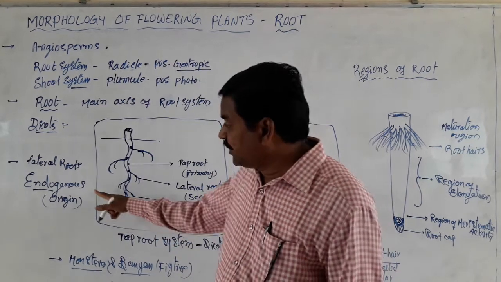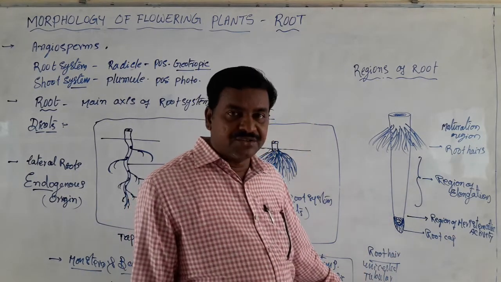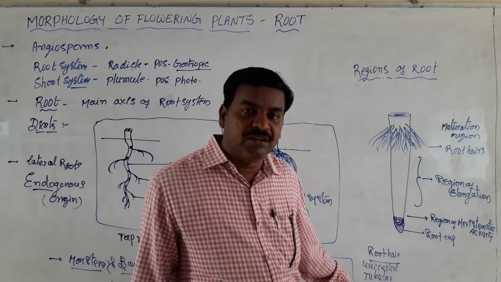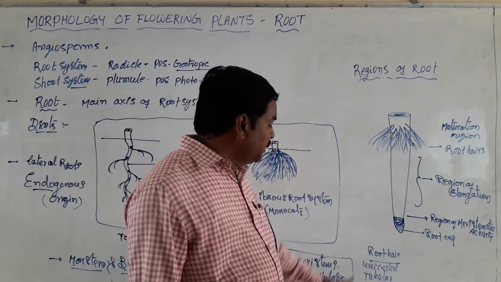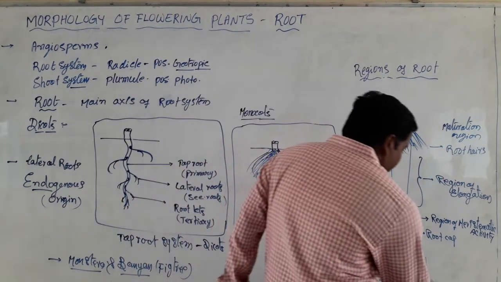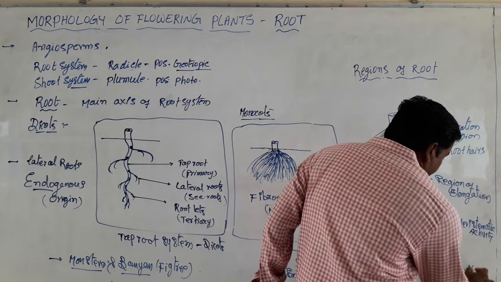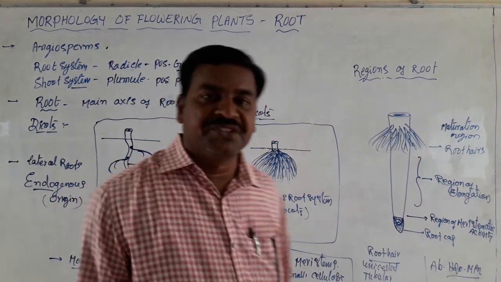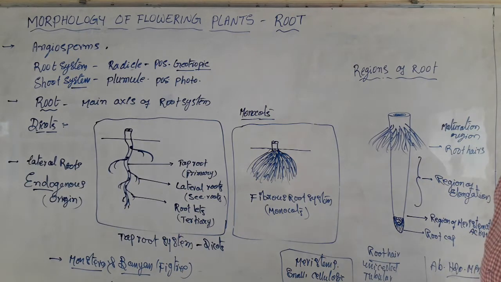Lateral roots are endogenous in origin, but root hairs are exogenous in origin because they originate from the external part of the root, that is the pericycle. These root hairs play a very significant role in absorption of water and minerals from the soil. So, every root system consists of three regions.